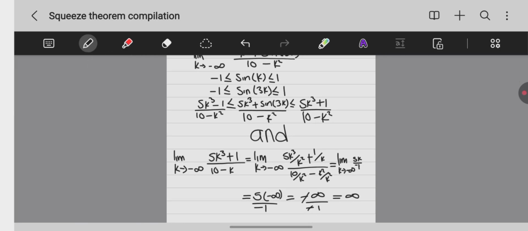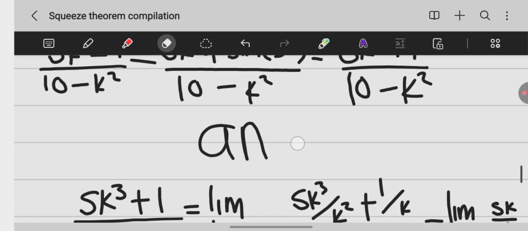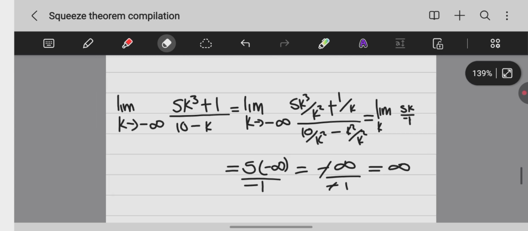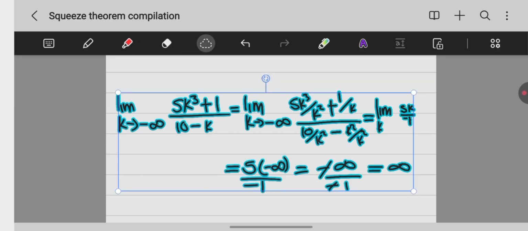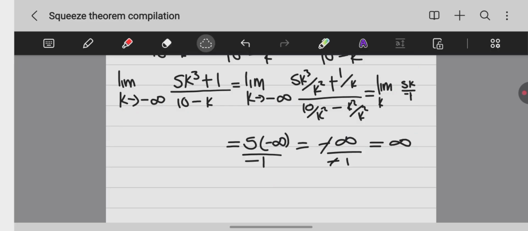Wait. So I didn't do something right here. I was supposed to actually just copy. So let's move this back up a little here, right? And do one with a negative.